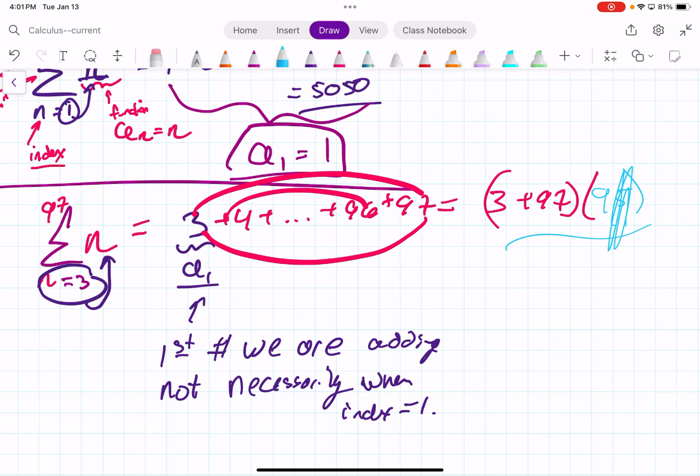I don't know why I did that. Let me try that again. So how many pairs are there? 95 divided by 2. So that is one way that we could see a summation. We could write out what it is until we make sense of it and then use another formula to get the answer. So did I answer that?